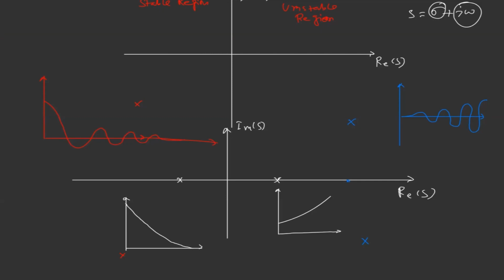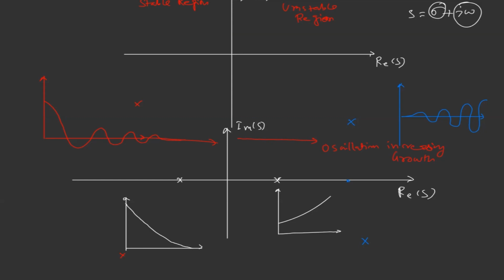So from this, we can write this part. If the pole goes in this direction from the imaginary axis, we can say the oscillation is increasing, growth, if they are complex conjugate.